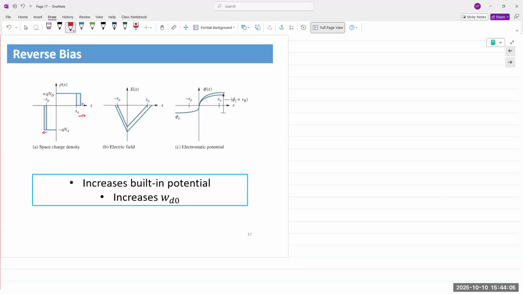So the space charge region is increasing. The electric field that is now being created in there is also increasing. This is an important point. The electric field also increases. Everything is increasing. So depletion region width increases, everything increases. The electrostatic potential also increases.